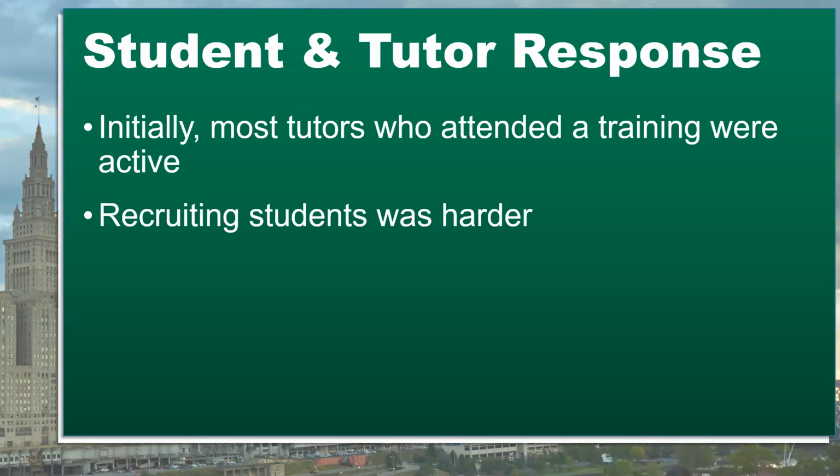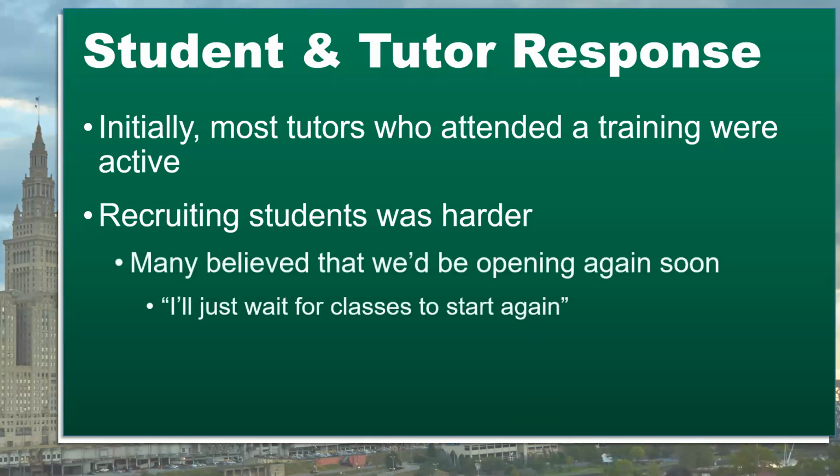Students, on the other hand, were a little bit tougher. The student opinions were varied. First off, a lot of students simply believed that the pandemic was going to go by very quickly, especially when they heard the state guidance that we had parroted that said at least April 6th. Recruiting people for the first couple of weeks was very difficult because students said, oh, you're just going to be open in a week or two.